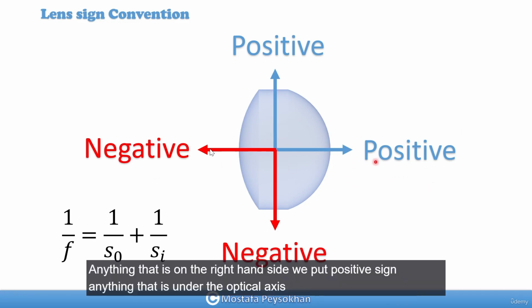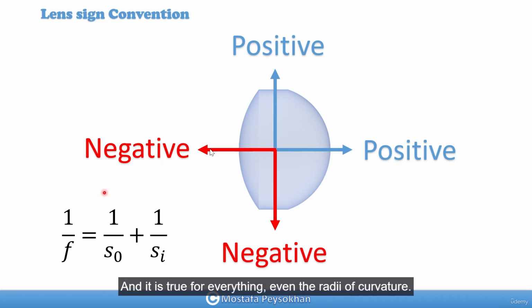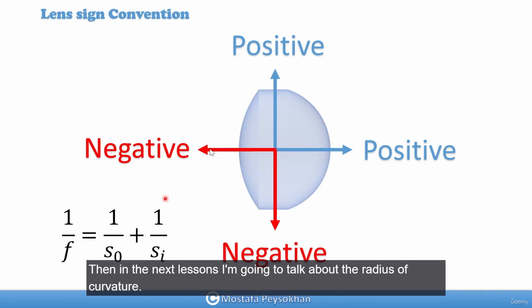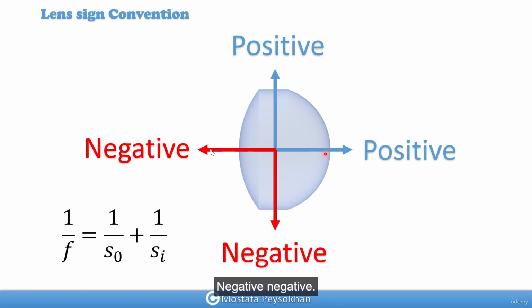Anything that is on the right hand side we put a positive sign. Anything that is under the optical axis we put a negative sign, and anything that is higher than the optical axis we put a positive sign. This is true for everything, even the radii of curvature, which I'm going to talk about in the next lessons. That's the lens sign convention, which is pretty simple: negative, negative, positive, positive.